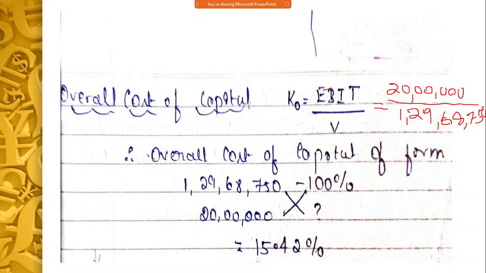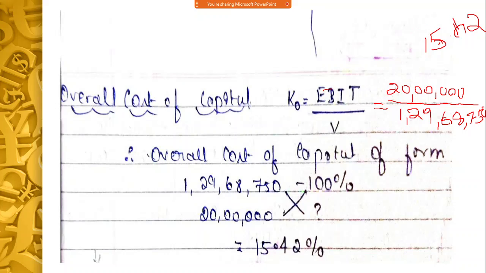Now, this is the formula which we use, and when we divide 20 lakhs by 1 crore 29 lakhs 68,750, what we would be getting is, into 100 we'll always have to do, what we'll get is 15.42%. Now, this cost of capital would be represented in terms of percentage.